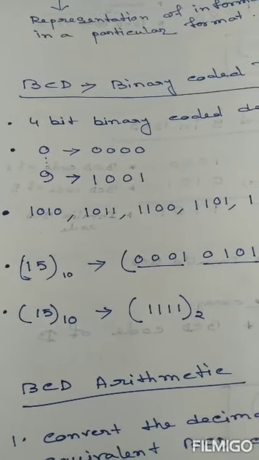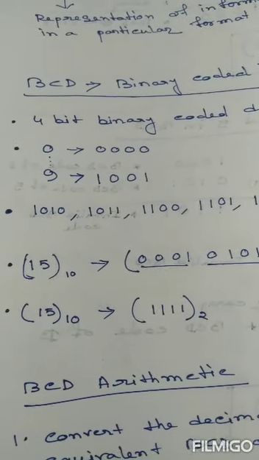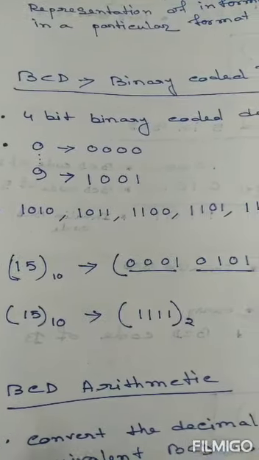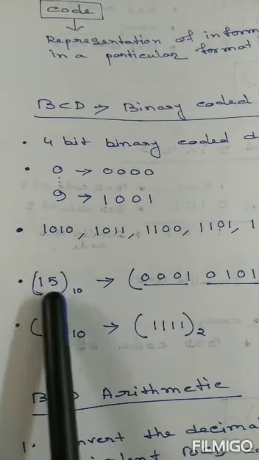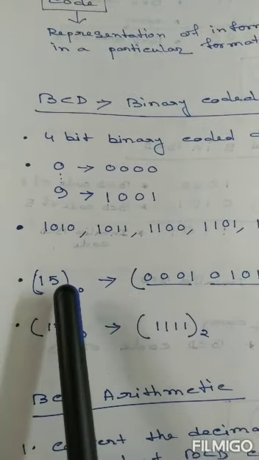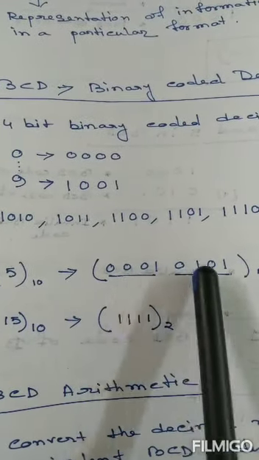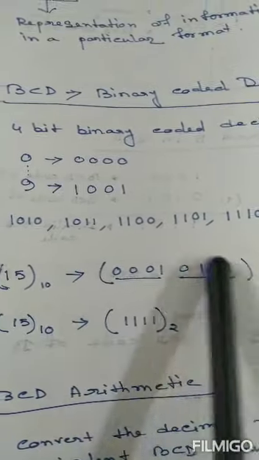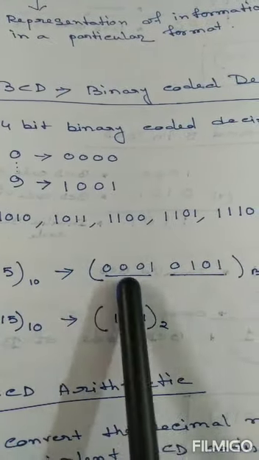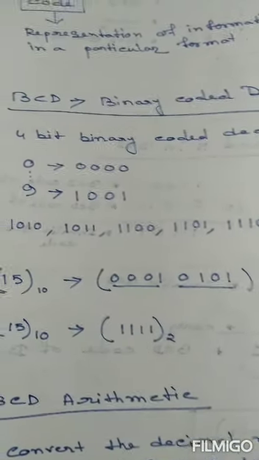After that, for 10, 11, 12, 13, 14, 15, we represent these numbers this way. Like 15, first represent 1 with one BCD number and 5 with a separate BCD number. So the total BCD form of 15 is 0001 0101.